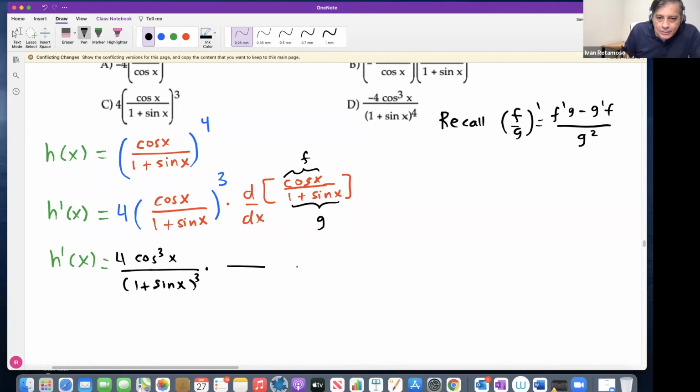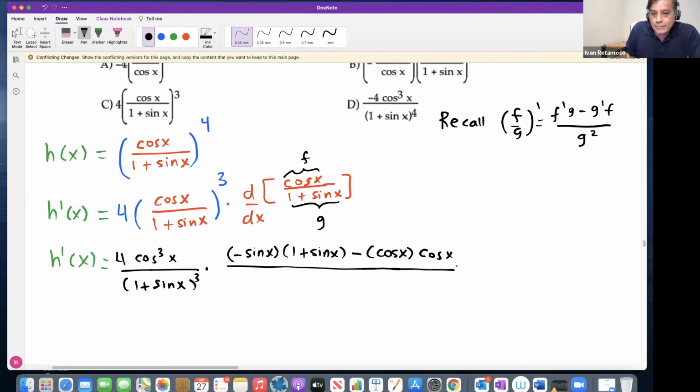If you use the quotient rule here, the derivative of f, derivative of cosine, is just minus sine of x. Let's start with that, times the function g as it is, 1 plus sine of x. Minus derivative of g: derivative of 1 is 0, derivative of sine is cosine, so cosine of x here, multiplied by the other function f as it is, cosine of x, right?